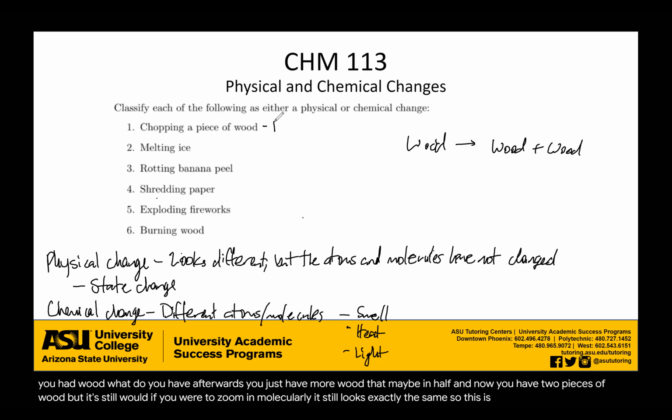That's how you get that gross smell that comes out of it. It's reacting with the oxygen. So if you zoom in before and after, before you just have pure banana peel, whatever that's made of, lots of carbon. Afterwards, you have some banana peel, but there's other stuff going on in there too. It's not just pure banana peel anymore. You now have that mold growing on it. You now have a difference in its actual chemical structure.